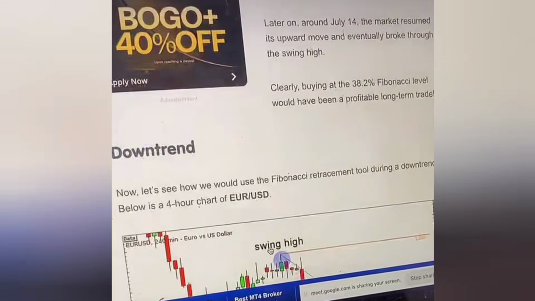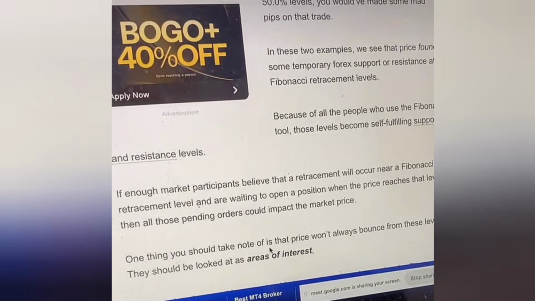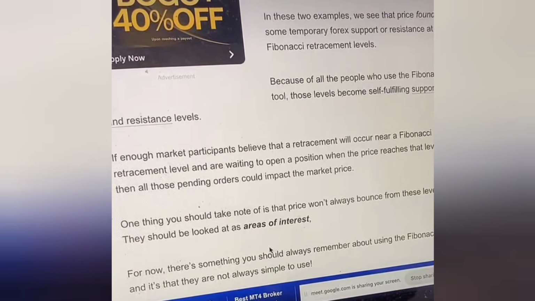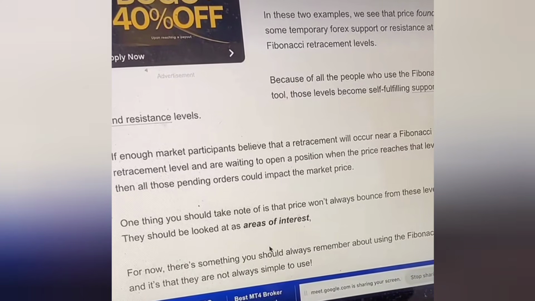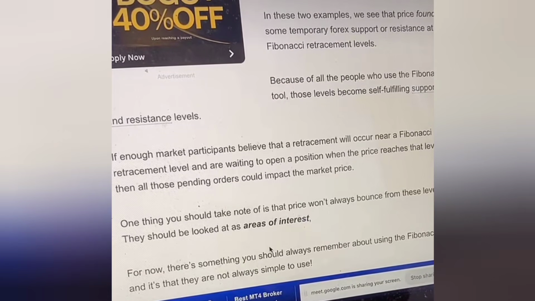Let's read. In those two examples, we see that price finds temporary support or resistance at the Fibonacci retracement level. Because of all the people who use Fibonacci retracement levels, those levels become what? Self-fulfilling prophecy, or self-fulfilling support and resistance levels. Because if you have so many people buying from a certain level, that level becomes a support level.